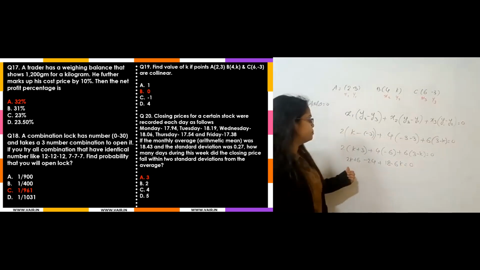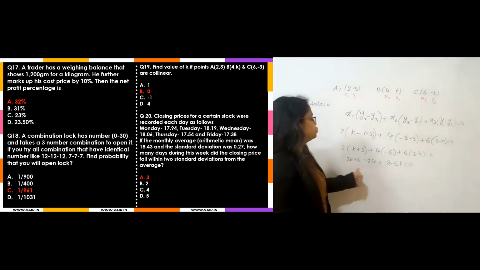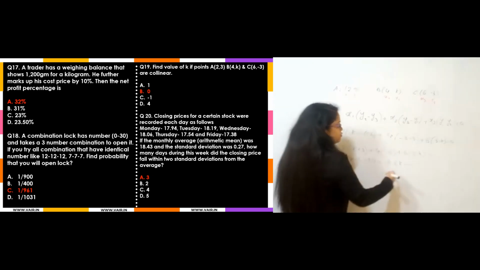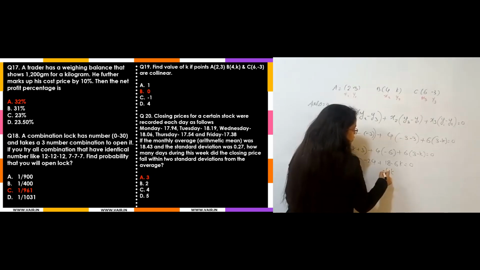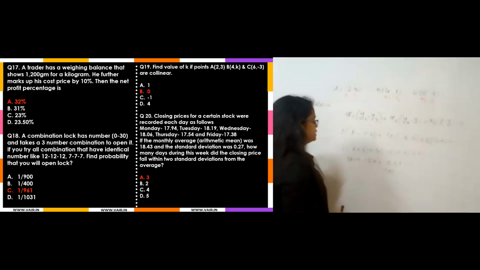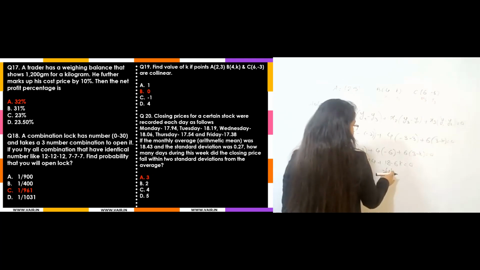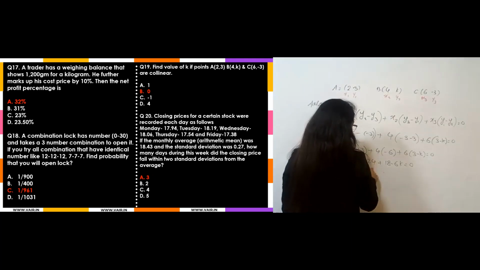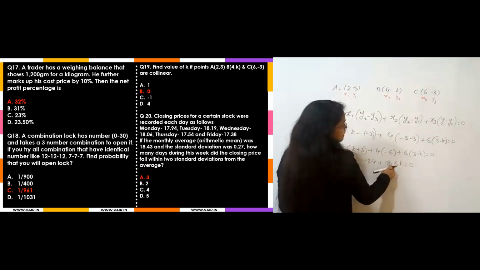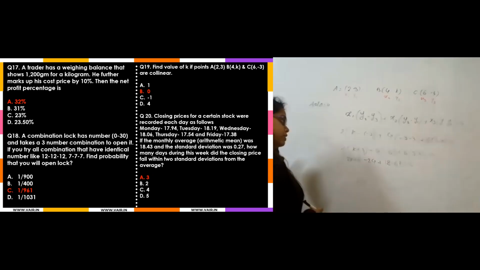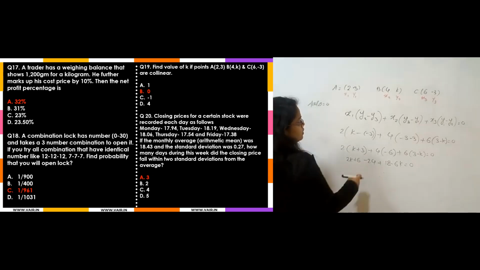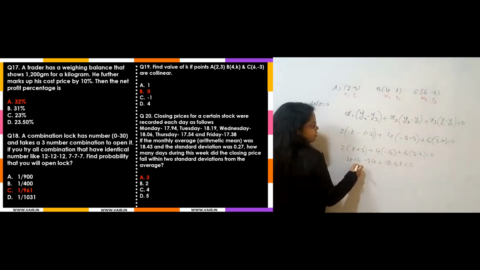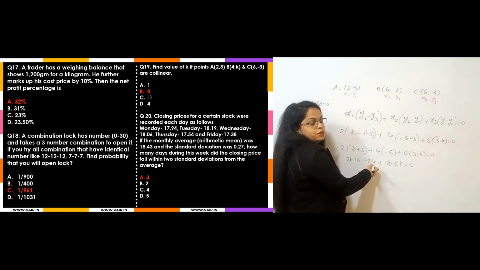So you can see this will be 2k minus 6k is minus 4k. Sorry, wait. This will be 6 plus 18, 24. 24 minus 24 is 0.